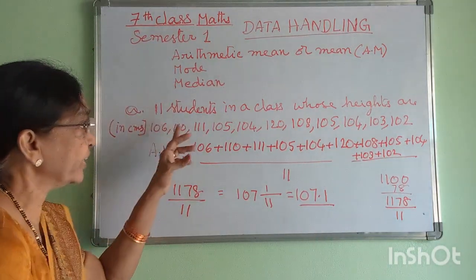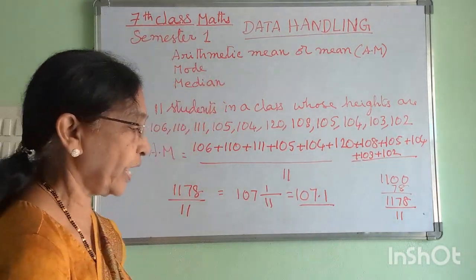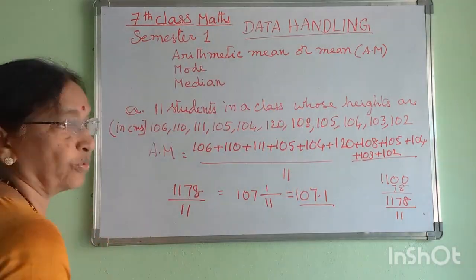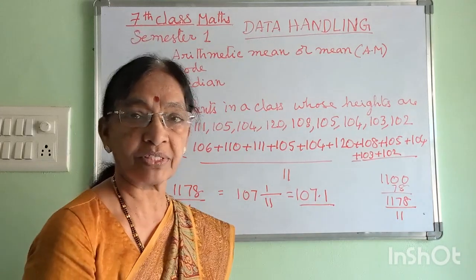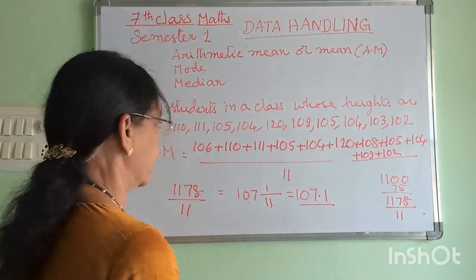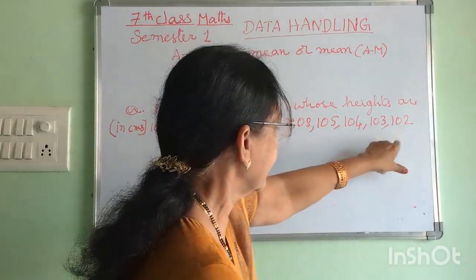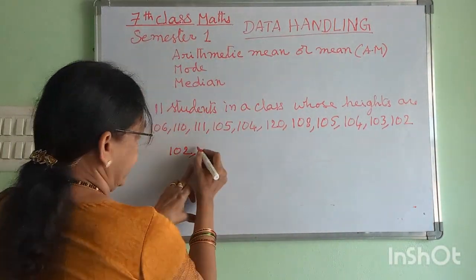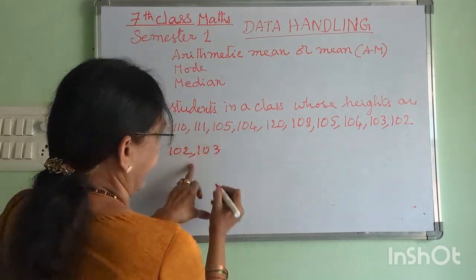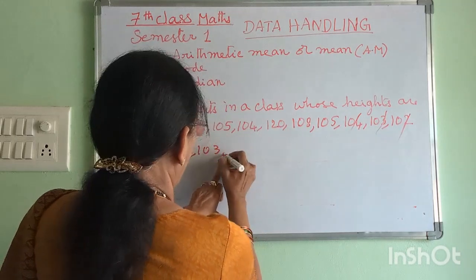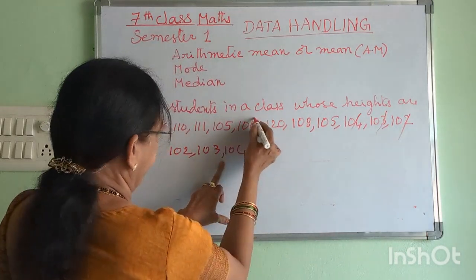Next, to find the mode, we have to arrange the observations in order. Then we can observe which value is repeated the maximum number of times. The least observation is 102. Next 103. Next 104, there is another 104.